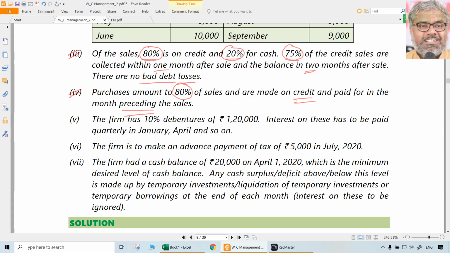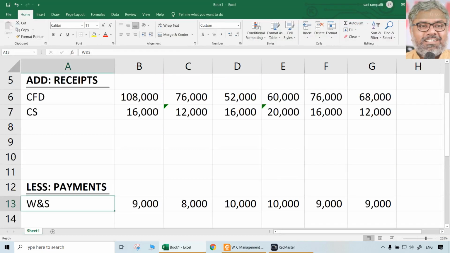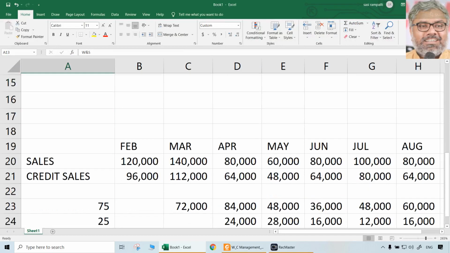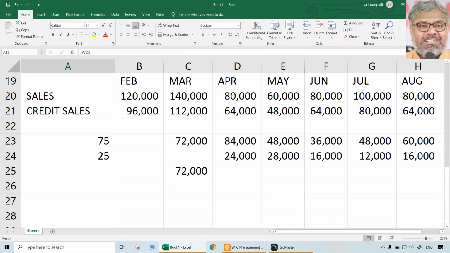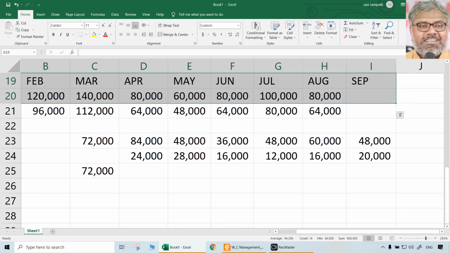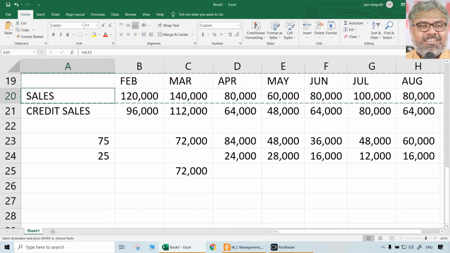So whatever the one particular month's sales are, in that 80% will be the purchases and they will be paid in the month preceding the sale. Like that, if you go back to the sales figure, sales we already have, but for this you need to have a separate working note. So let us take like that. Sales only let us take. How will that be?